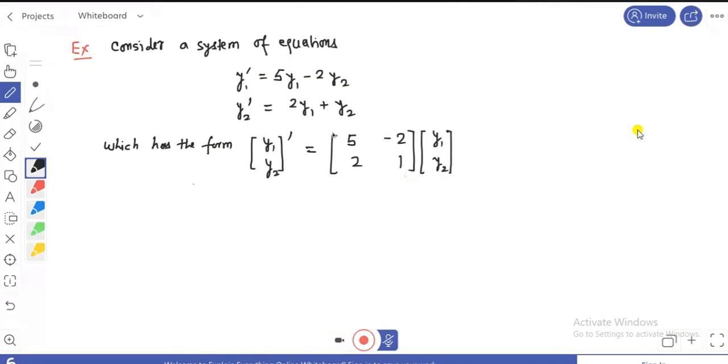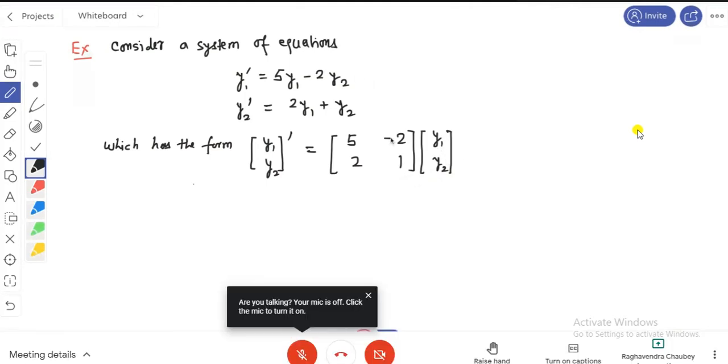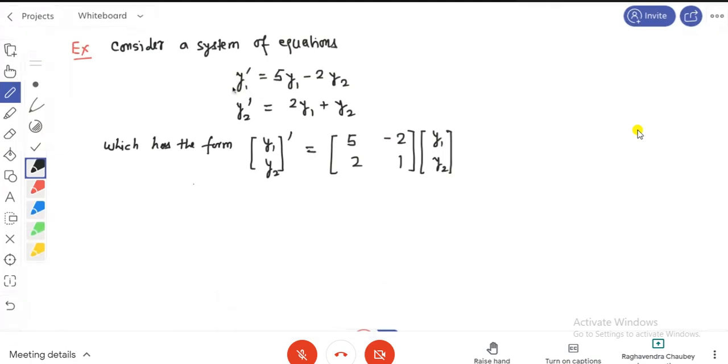Okay, and here this b term is absent. Okay, this is a homogeneous system of equations. Okay, so here y prime is dy1/dx, that equals 5y1 minus 2y2, and here dy2/dx equals 2y1 plus y2. So this system of equations you can write in this matrix form.